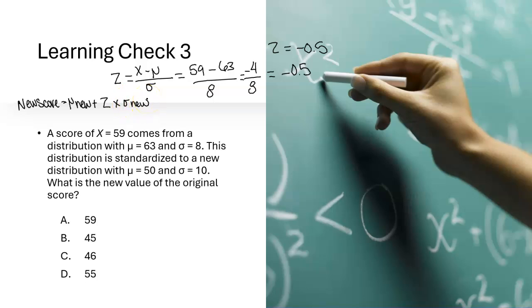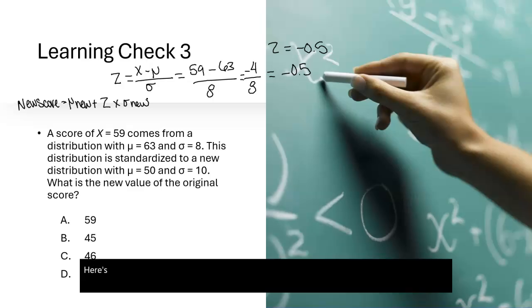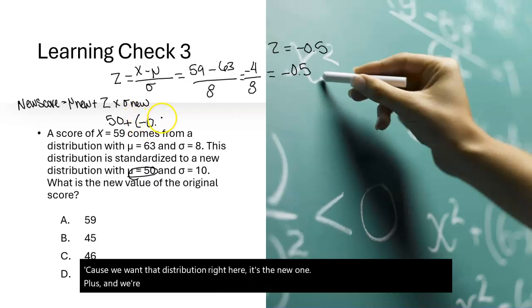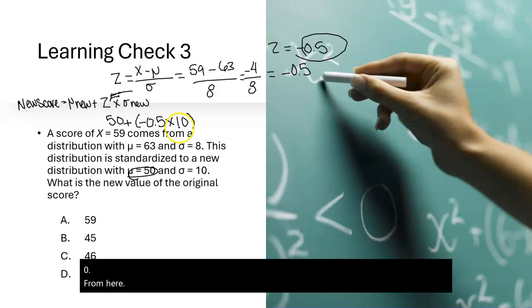So here's how we write that out. 50, because we want that distribution right here, it's the new one, plus, then we're going to use that negative 0.5 from here, times 10, because that's new, which would be 50 minus 5 equals 45.